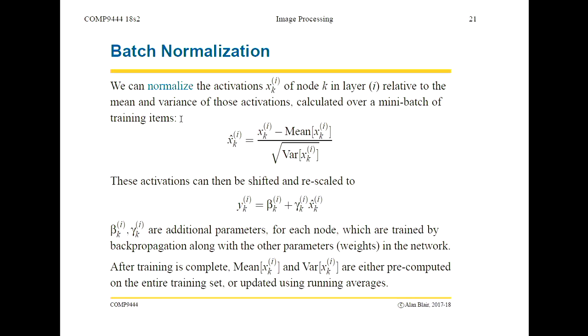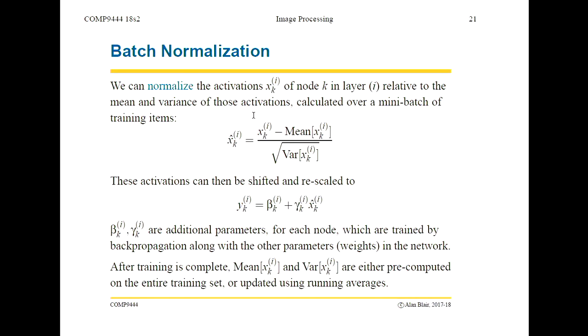Then I can say, I want this activation to have a different mean and standard deviation: the real mean to be beta, and the standard deviation to be gamma.